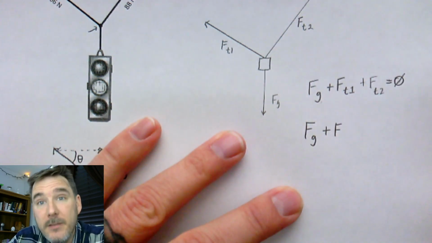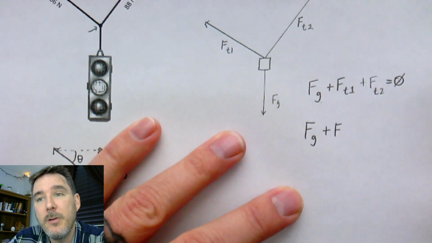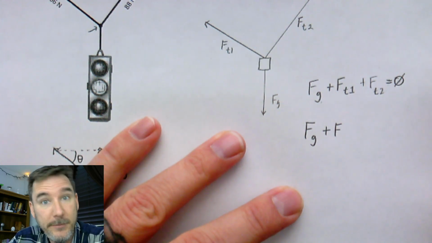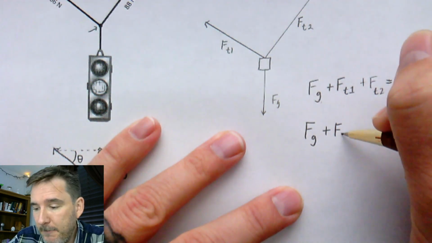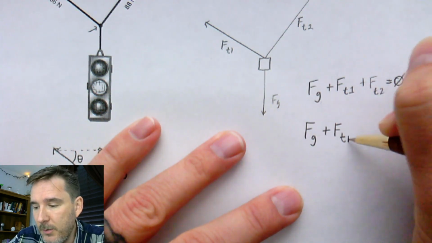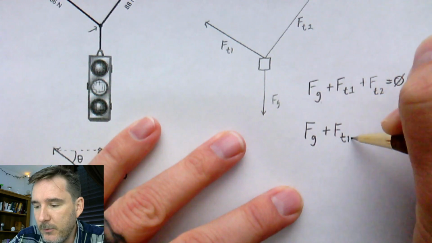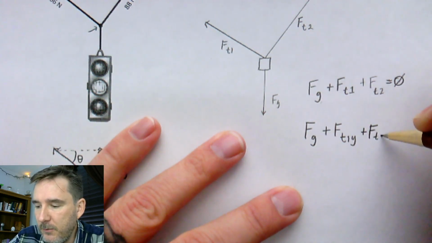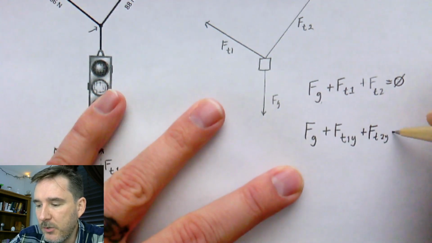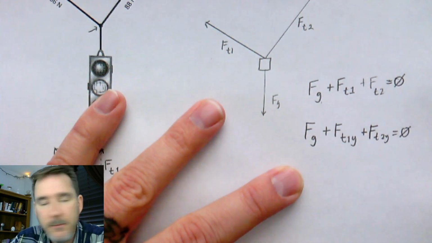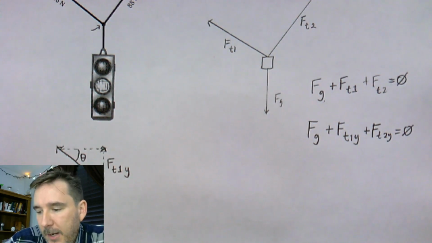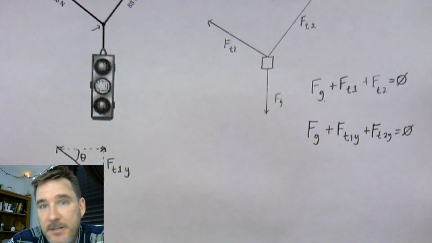They are balanced, and so the x components definitely need to be canceling each other out. And if we were to solve it, we would find that that is true. But in this case, we really only need to worry about the force of tension for the first wire in the y direction and the force of tension for the second wire in the y direction. And those added with gravity will equal 0. They'll cancel each other out. And that's basically how we do it.